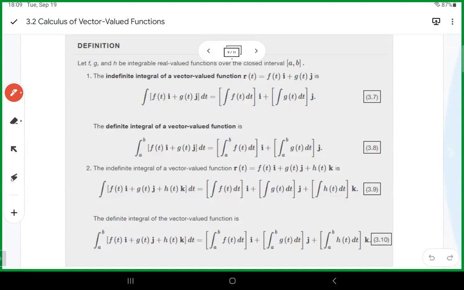All right, so we have some integrals. It gives you the definite integral, and then they give you the forms. There's a couple of forms, so I would say that that's a very important slide. So I would just make sure you know all these.